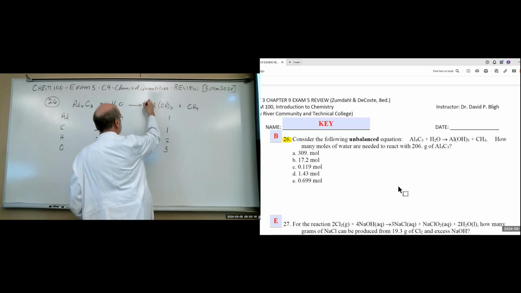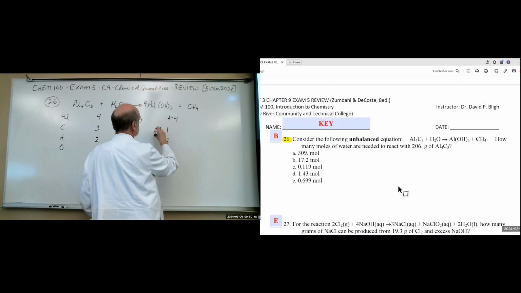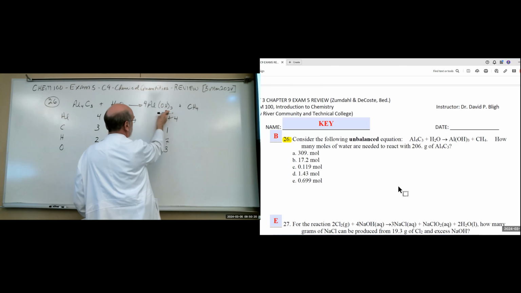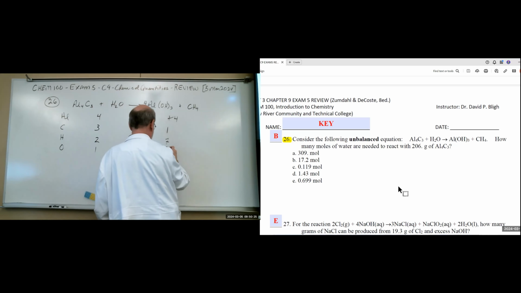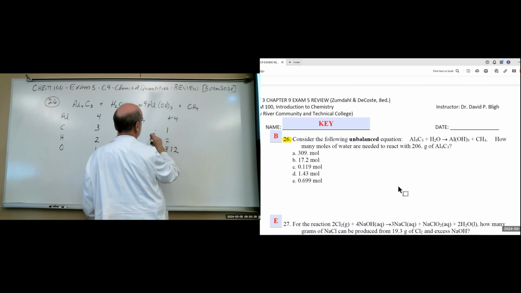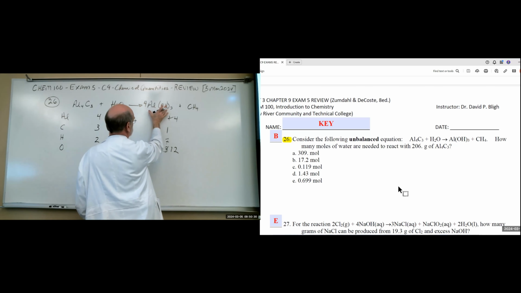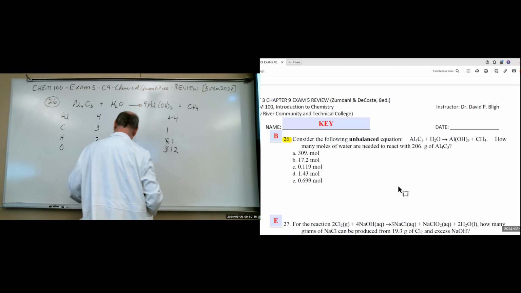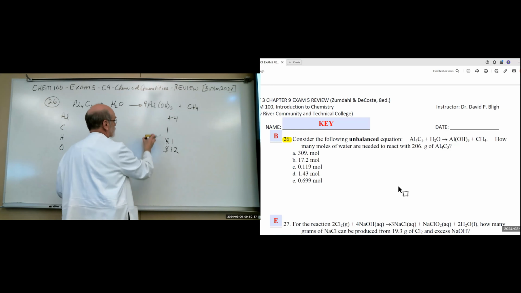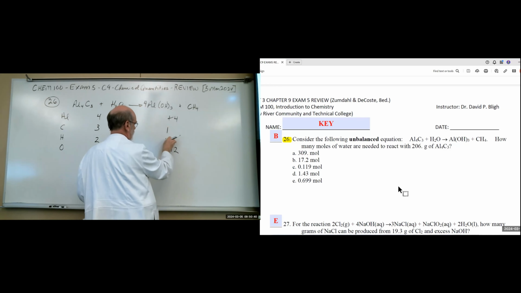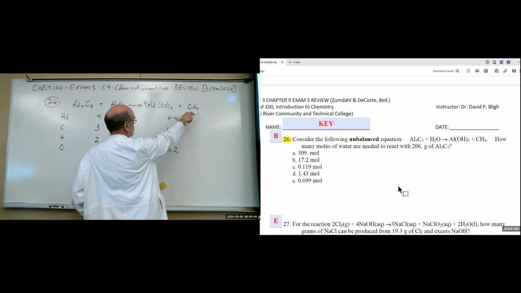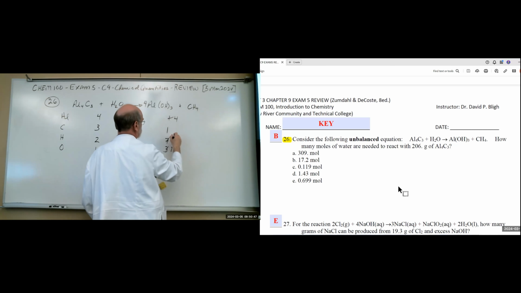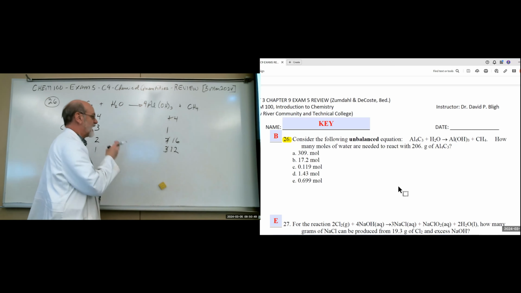If we put a 4 here, that makes 4 aluminums. That gives us 4 times 3 oxygens, which is 12. And that gives us 4 times 3 hydrogens, which is 12. Oops, no, it isn't. It gives us 12 hydrogens here. But it also has 4 others, because 4 plus 12 is 16. 16 hydrogens.